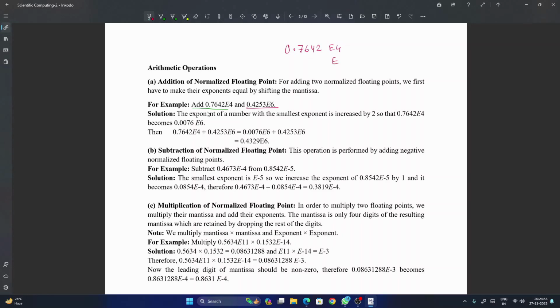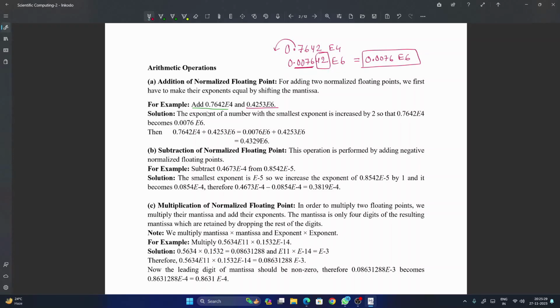So you are dividing by e2, and your point will be shifted 2 steps to the left, that means it will be 0.007642. But the problem is your machine can only store 4 mantissa digits, so it will neglect this 4 and 2. So now this is 0.0076 e6, that is the problem.